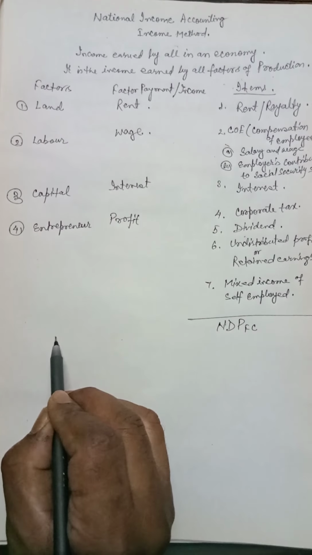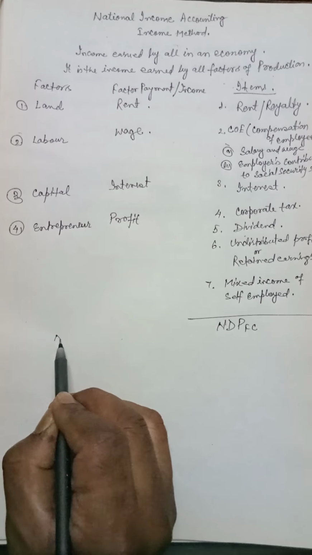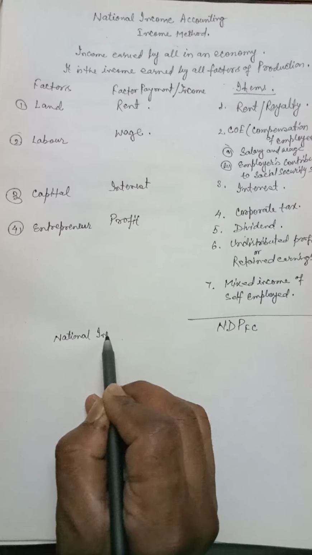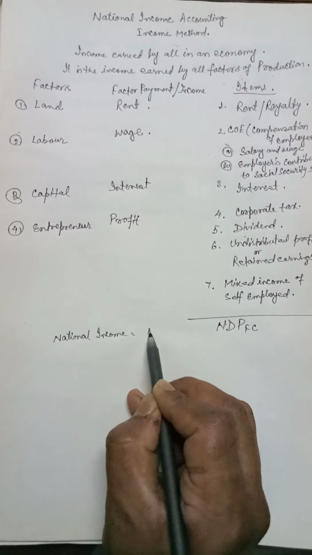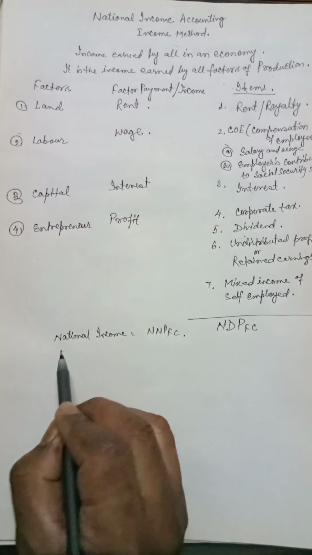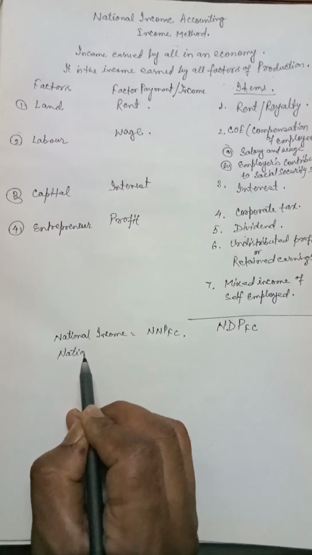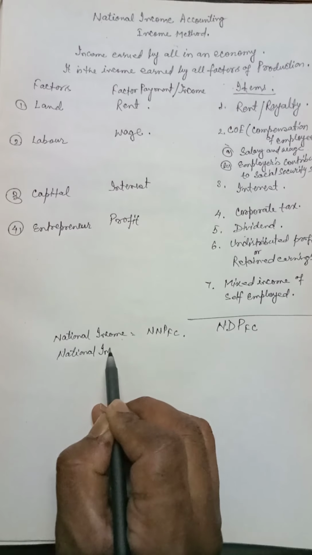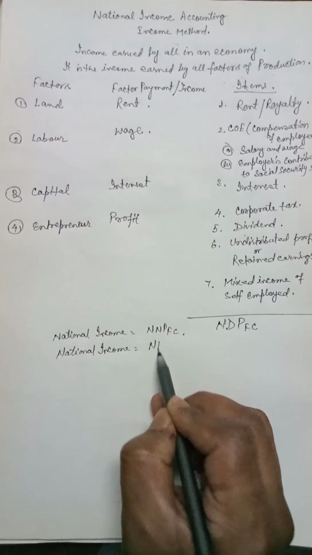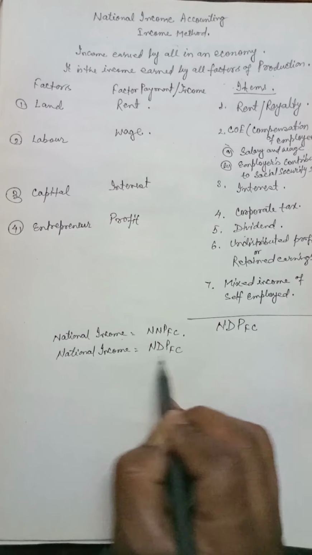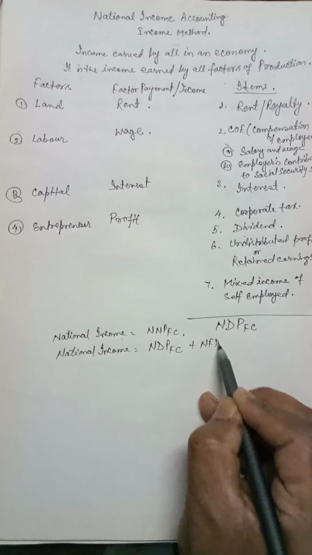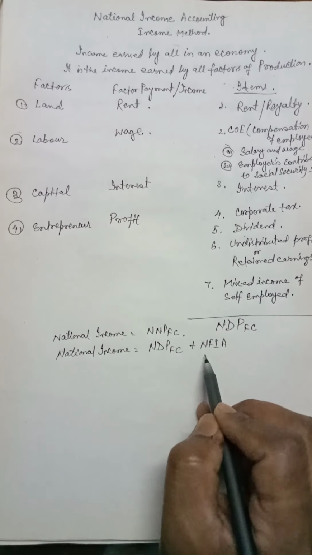Now, how can we calculate the national income? The identity of national income is NNPFC. To calculate national income, which is NNPFC, when we calculate NDPFC, then we have to add NFIA, net factor income earned from abroad.